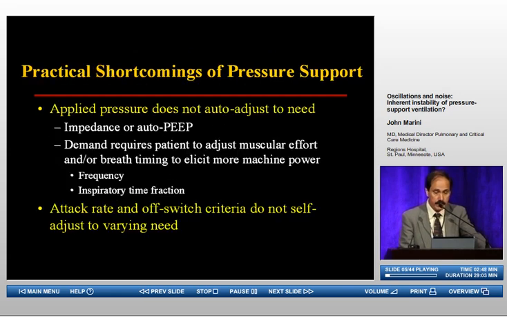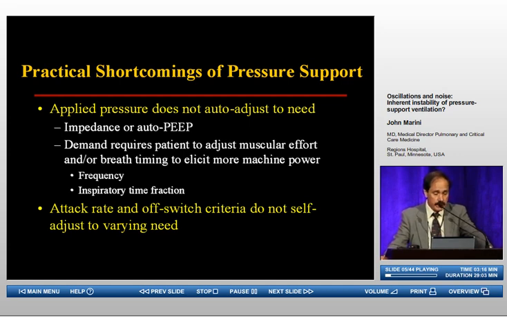The practical shortcomings of pressure support are that applied pressure does not auto-adjust to the need, so that if you start with a given pressure and the patient's requirements change, it's up to the patient to adapt. They can change because of impedance changes, secretions, bronchospasm, chest wall compliance, or auto-PEEP develops.